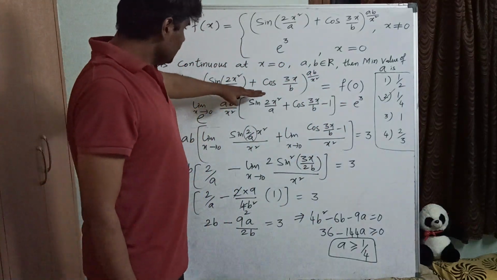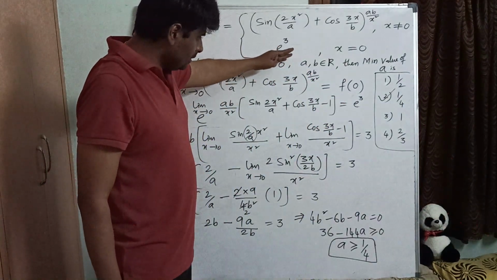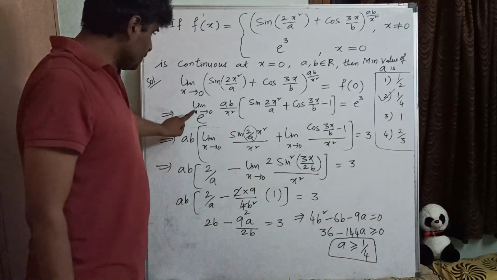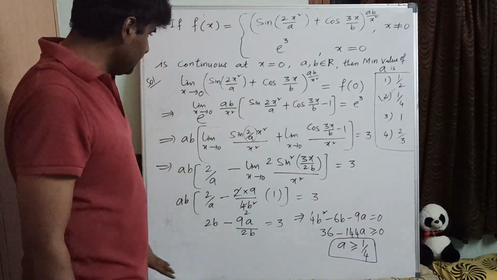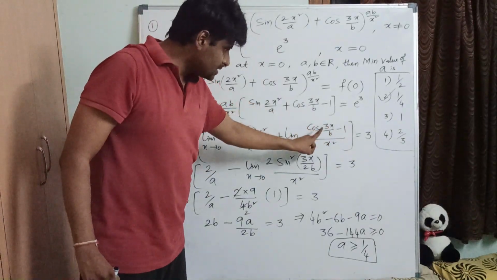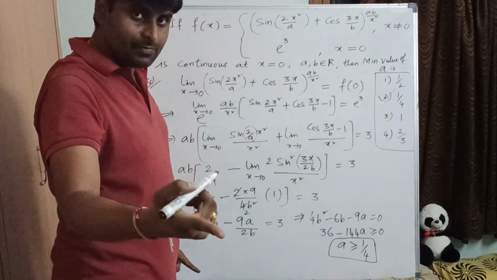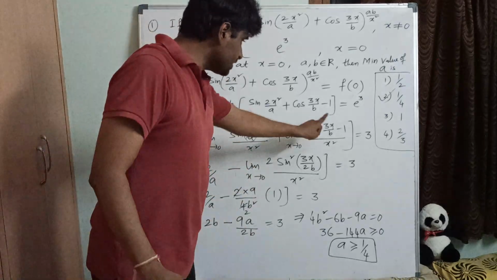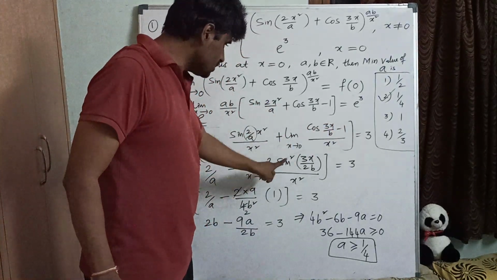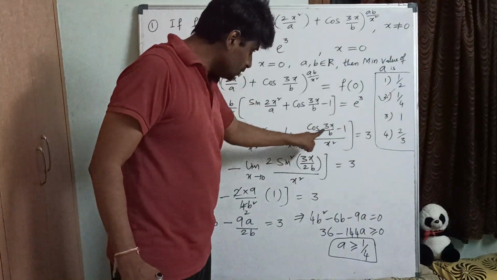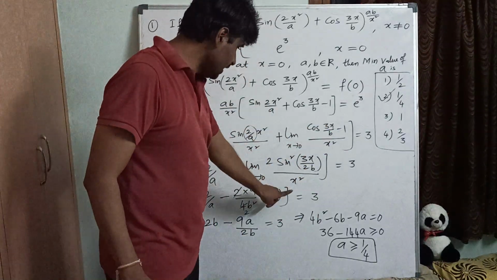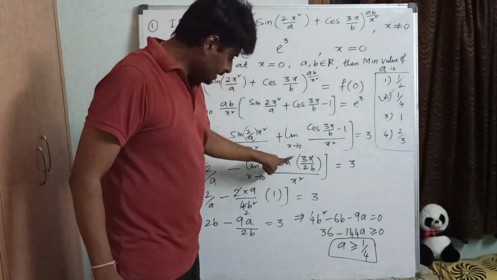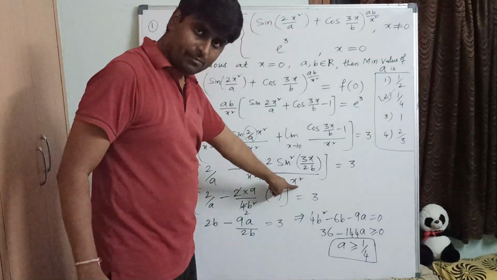Whenever you are given 1 power infinity form, we'll write like this first. Both sides e power. Whenever bases are equal, powers can be equated. Here 1 minus cos 2x is 2 sin square x by 2, but we have reverse, cos x minus 1. So minus 2 sin square, this one by 2, 3x by 2b. And whatever we have, that square we need to have in the denominator.